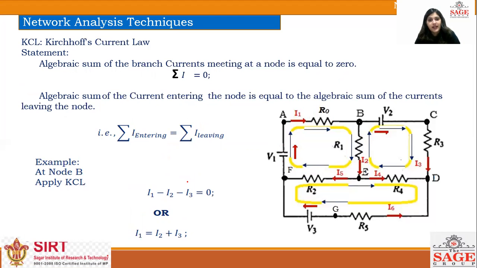So here the statement will be very close to the previous statement, and that is: the algebraic sum of the branch currents meeting at a point is equal to 0. Okay, branch current. Now, in the previous section we spoke about loop. In this section, we are talking about node.